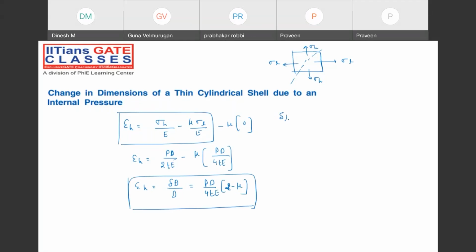Similarly, you can calculate the longitudinal strain also, that is change in length by original length, equal to PD divided by 4tE times (1 minus 2 mu). Note down, guys. One of the very, very important formulas. This formula is very important, and this formula.